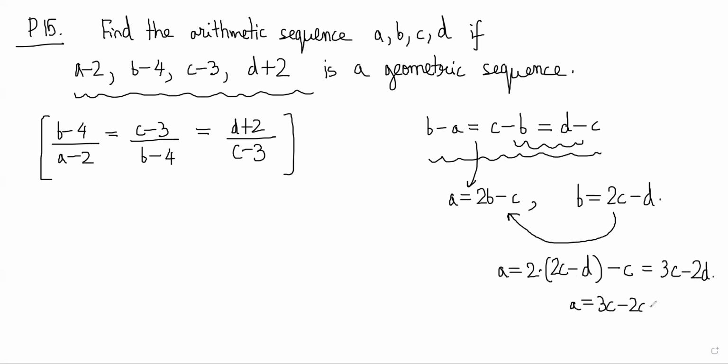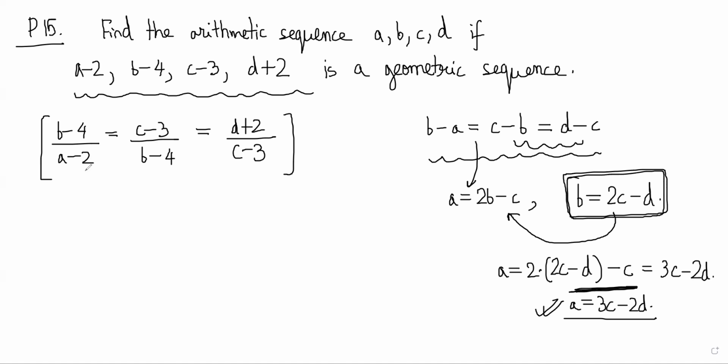I hope everyone is understanding what I have done so far. I have written A in terms of C and D, and I have also written B in terms of C and D. Is it clear for everyone? Okay.